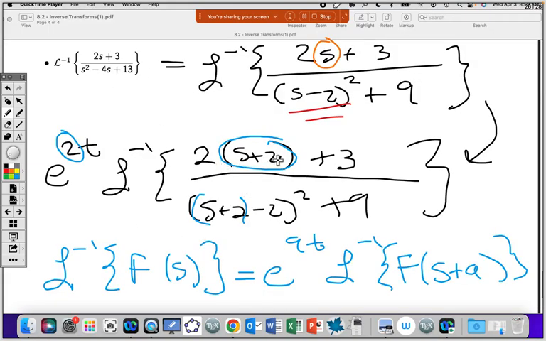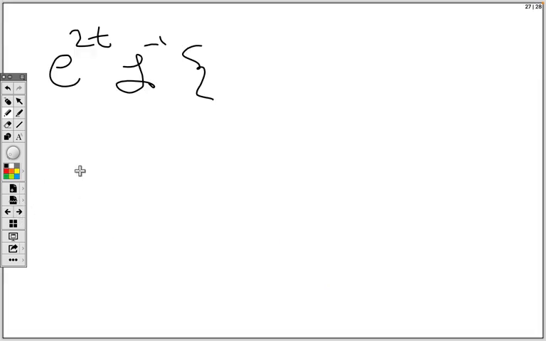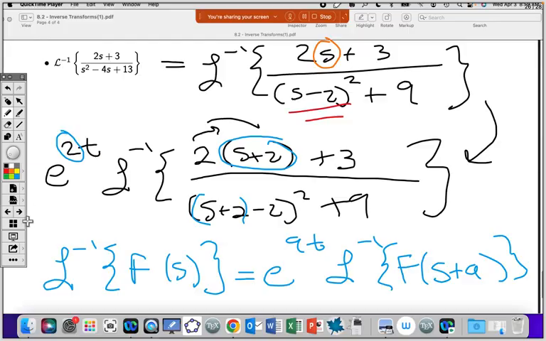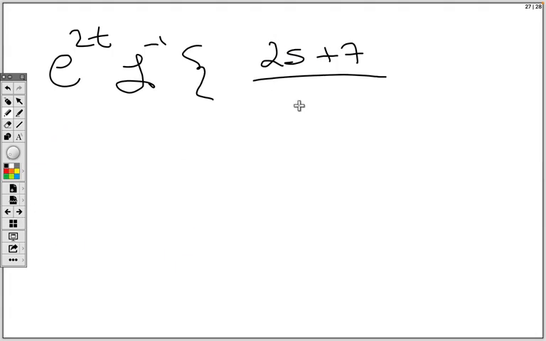So now we've got things in terms of things we know how to do. Don't forget to distribute here. 2s plus 7 over s squared plus 9. And in this case, we've got a denominator we know we can handle.